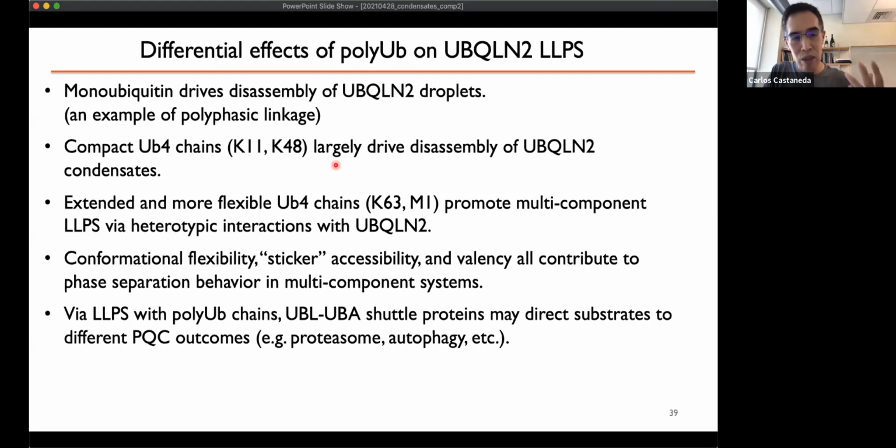But these different types of chains can render different outcomes, where K11, K48 can drive the disassembly, but K63 and M1 can actually promote phase behavior with heterotypic interactions. And we think that these different roles of flexibility of the chain, the accessibility of the stickers, and the valency all contribute to phase behavior of the protein.